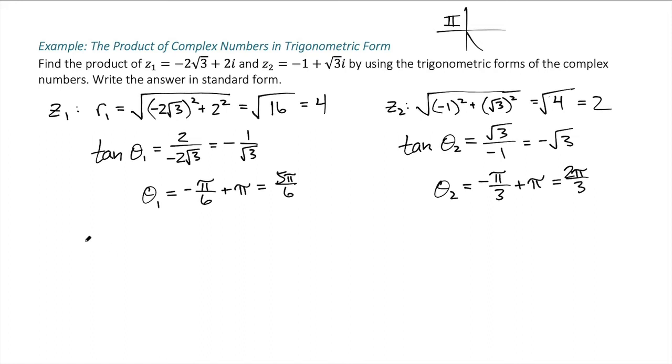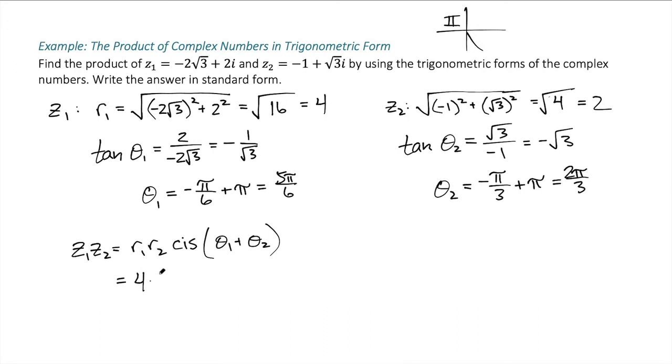And now for my product. My product z1 z2 is r1 r2 times cis of theta 1 plus theta 2. Well, that's r1 times r2.